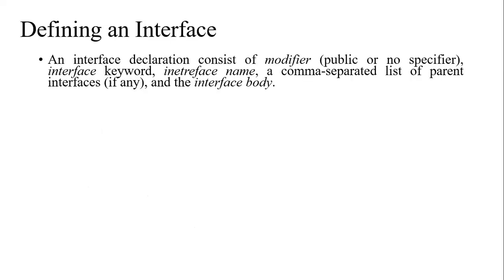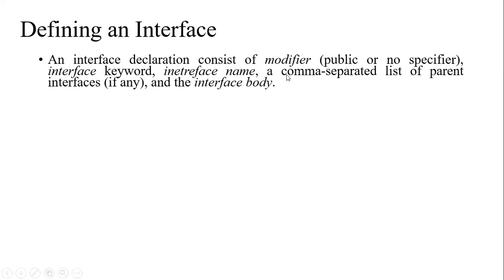Okay, so defining an interface. How will you define an interface? That means what is the syntax of the definition of an interface? An interface declaration consists of a modifier, public, or no specifier. That means if you are not specifying also, it will be public. Then the interface name. First you will have a modifier specified, then an interface name specified.